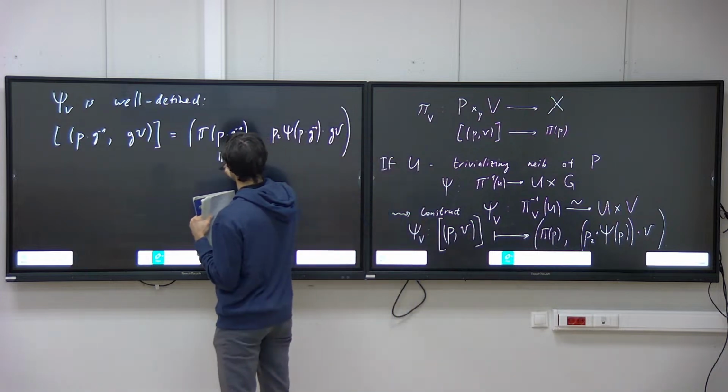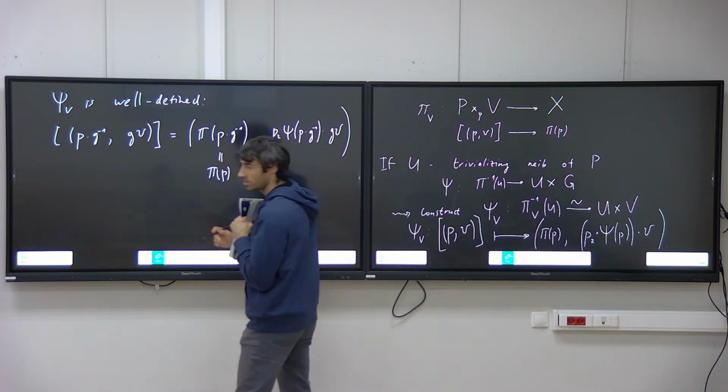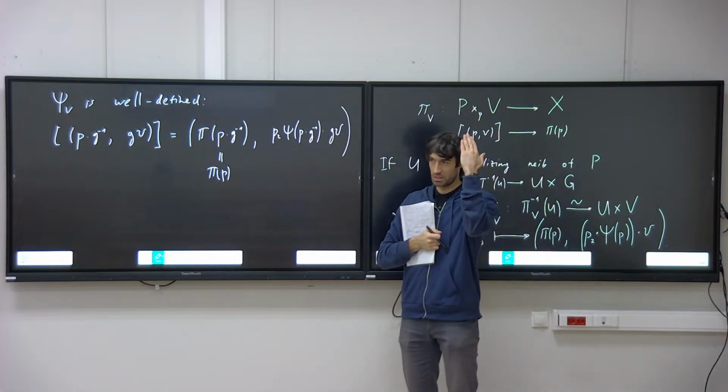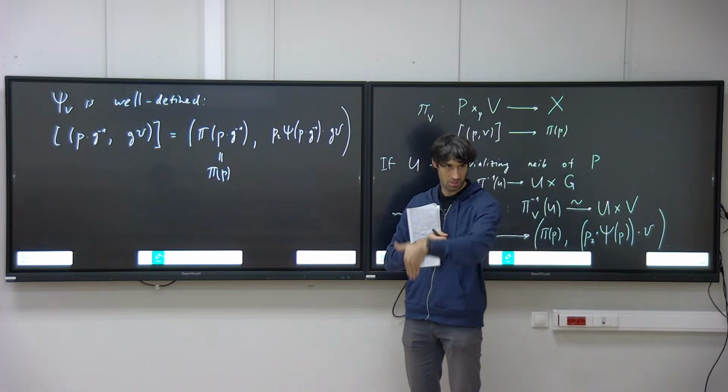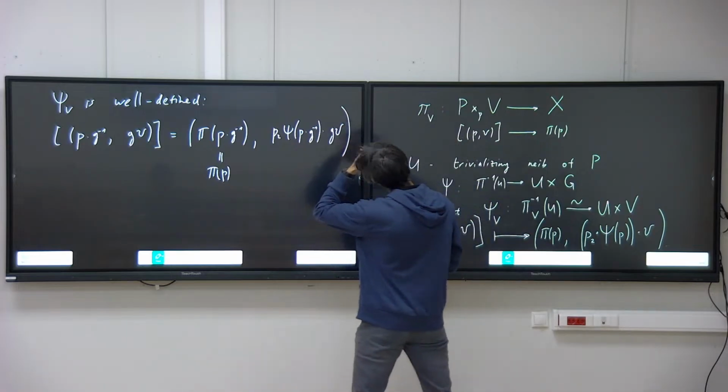Well, of course, this guy is the same as pi of p, because if we act, we never go outside of the fiber, and the projection is just the same. So this is again pi of p.